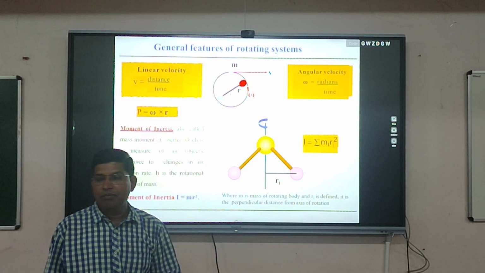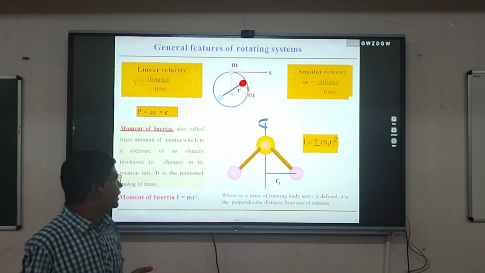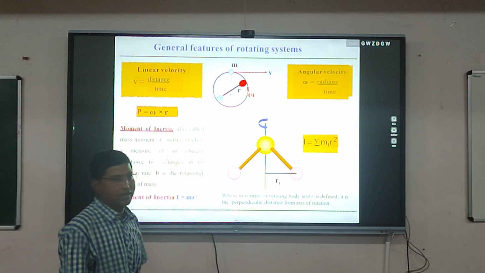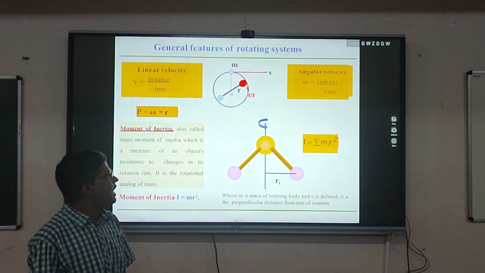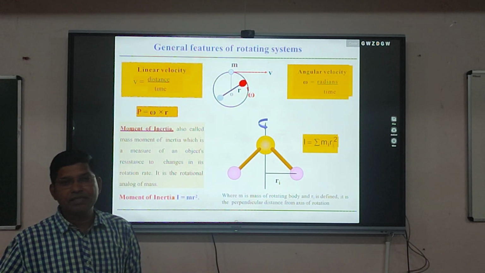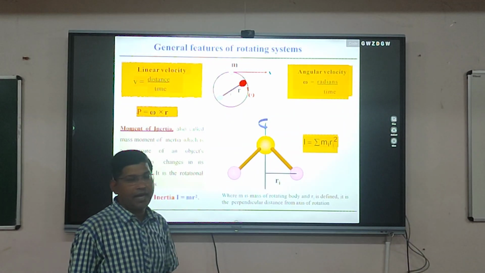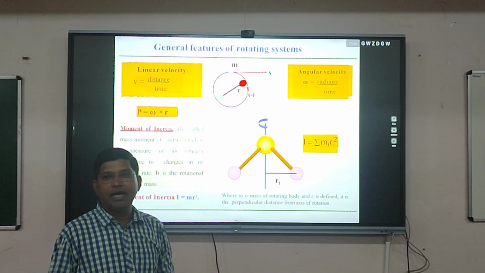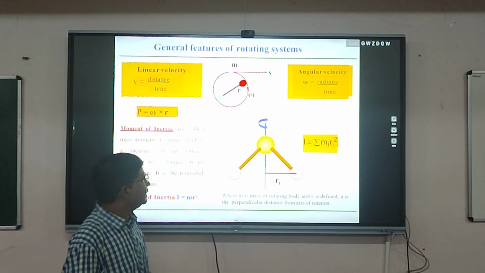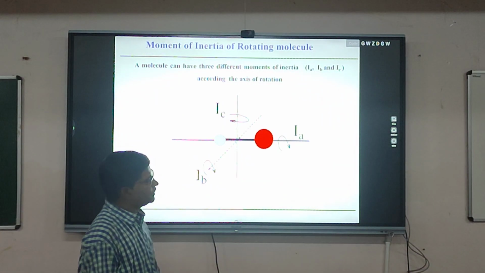If your molecule is polyatomic, meaning it consists of more than two atoms, then the general formula for the moment of inertia will be I equal to summation of m i r i square. Here m i are the different masses of the atoms present in the molecule, and r i is the distance, the different bond lengths between different atoms in the molecule. So that is called the moment of inertia of molecules.